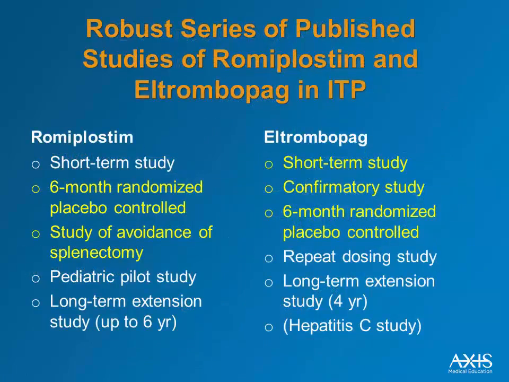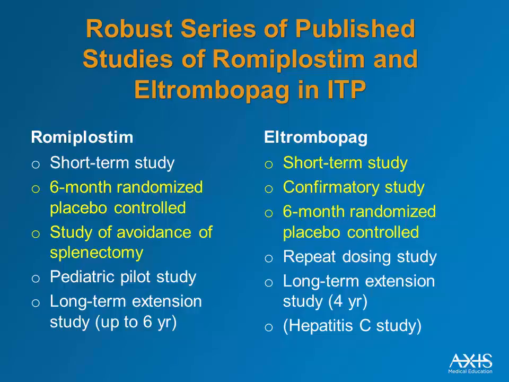As we talked about, there are many studies with romiplostim as well as eltrombopag, and there has now been a large pediatric study that is in press to the Lancet, and another pediatric study has enrolled almost 100 patients so far and likely will lead to licensure of romiplostim in children the way that eltrombopag is already licensed.